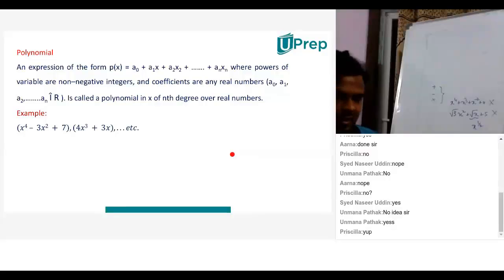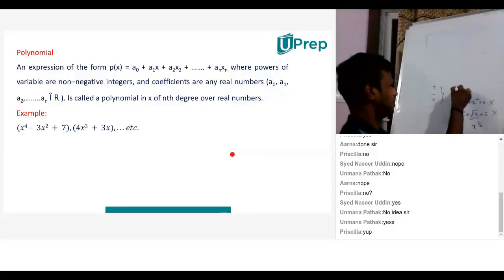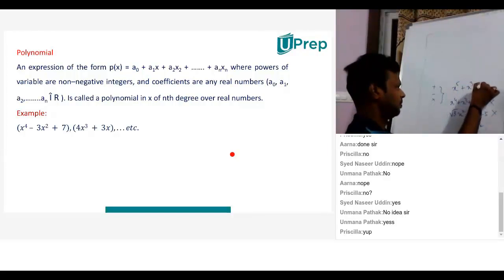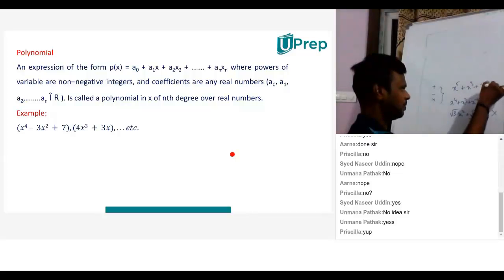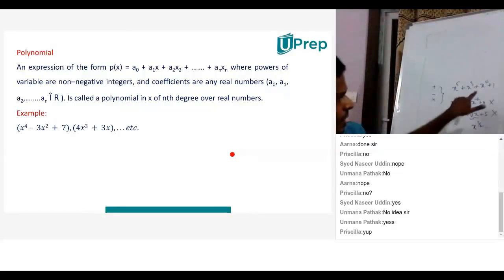Whereas if I have something like this, I have x power 5 plus x cube plus x power 0 plus 1. Now I can call this an expression. Can I call it a polynomial now?